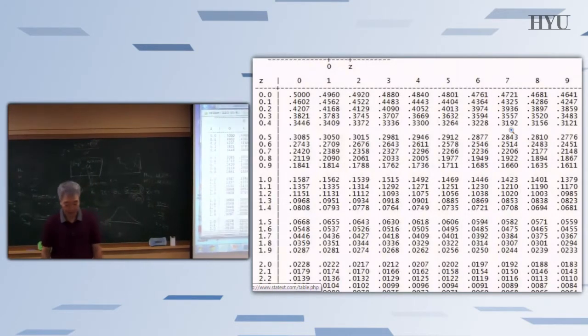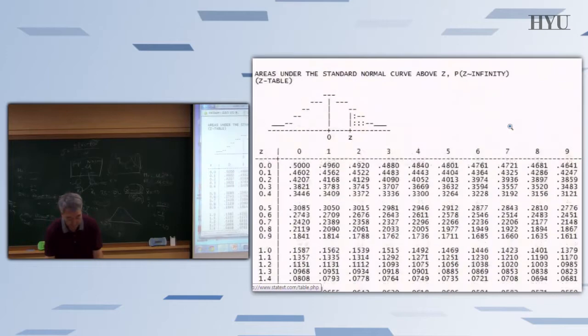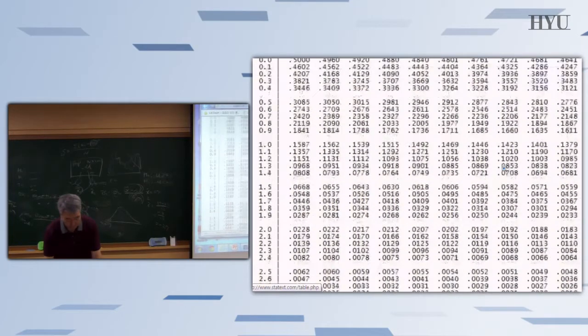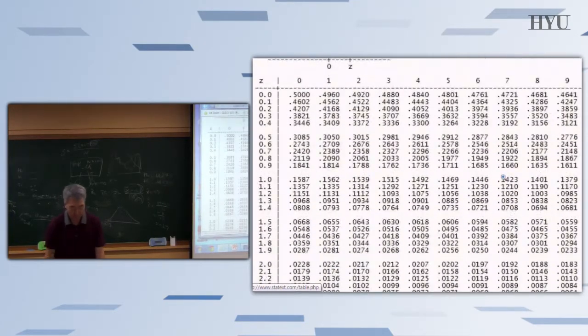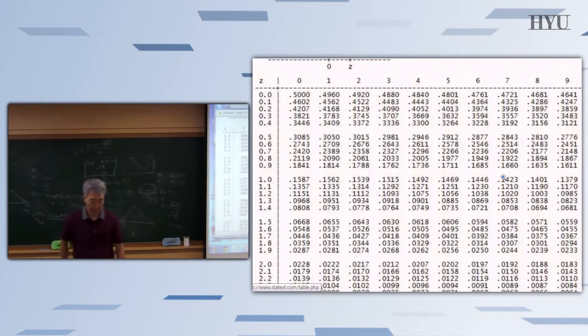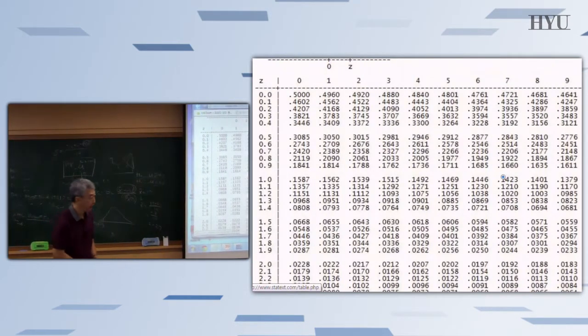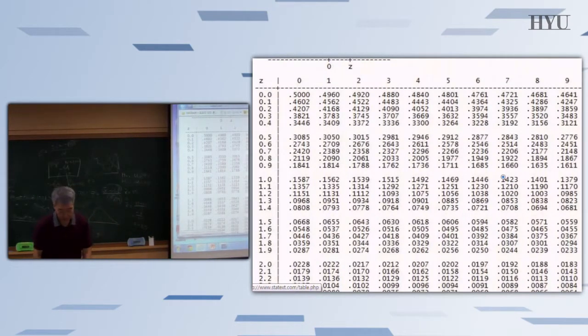Okay, this is a typical z table, a very primitive z table. The way you use the z table is, suppose your z-score comes out to be 1.28. Then here you locate 1.2, and these numbers are the second digit below the decimal point.